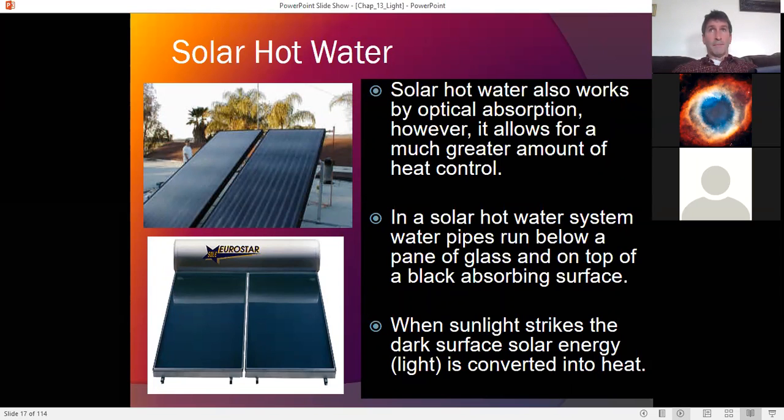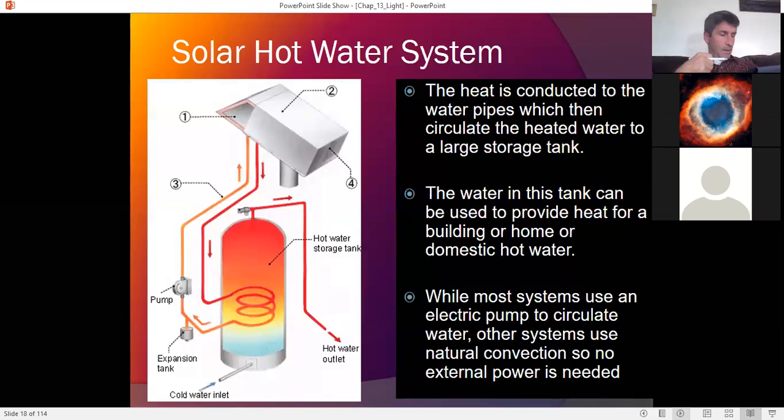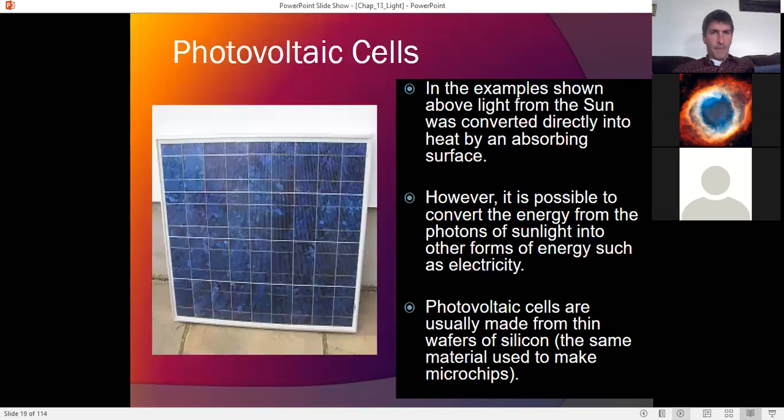And then when you allow it to be reabsorbed, it cools down. So, you heat something up to cool it down is really the strangest thing, but it's possible. And of course, solar hot water, we can use to heat our hot water, even our house.